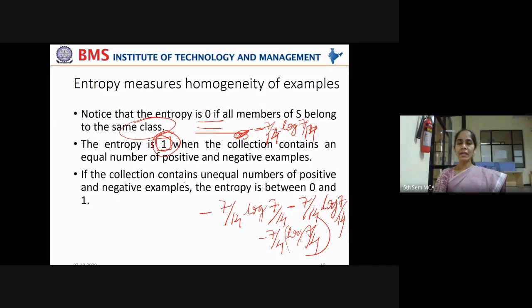If the collection contains unequal numbers of positive and negative classes, then the entropy lies between 0 and 1. Say if there are 3 positive classes and 11 negative classes, or 9 positive classes and 5 negative classes, the entropy varies between 0 and 1.